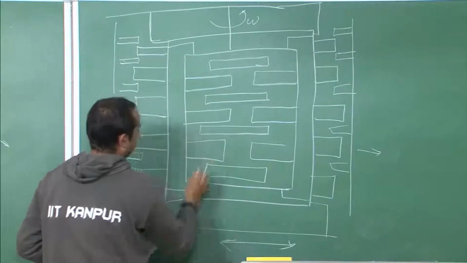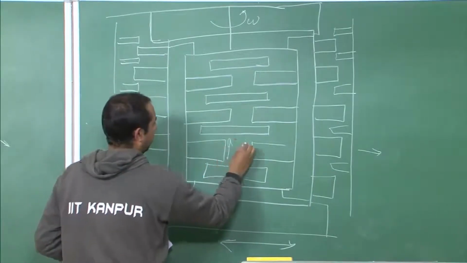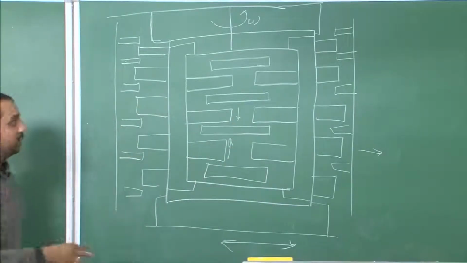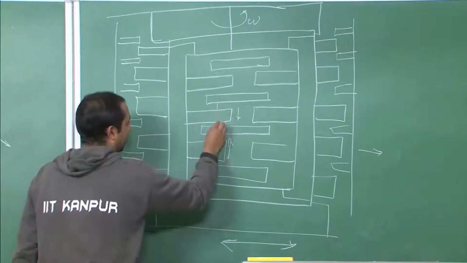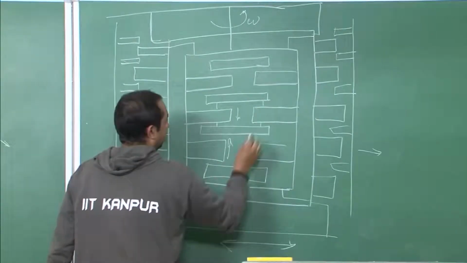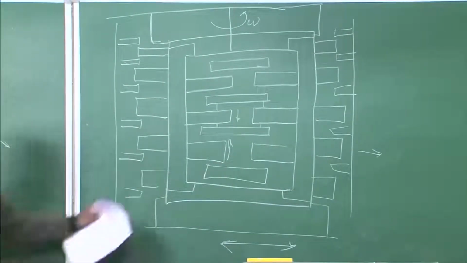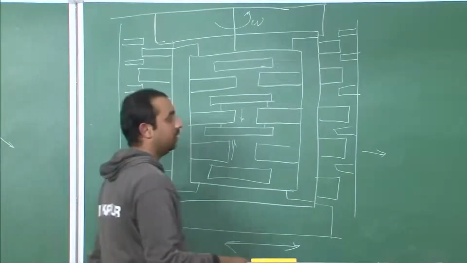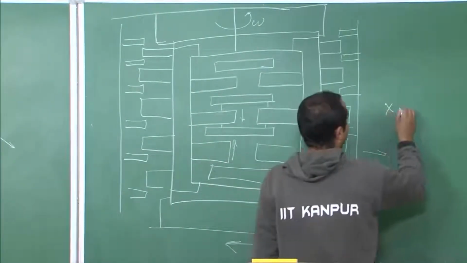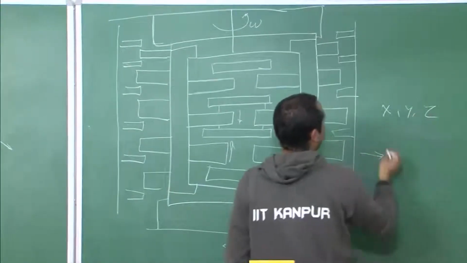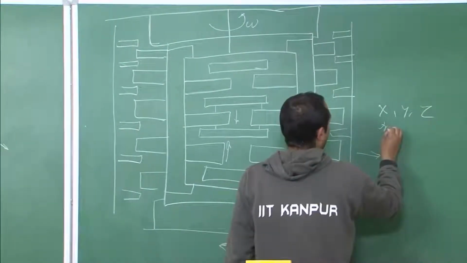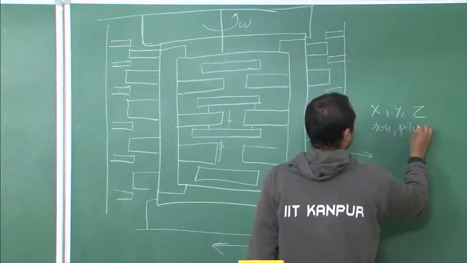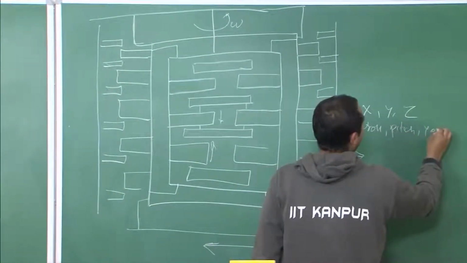These are fixed plates, as you know, so this will be oscillating in this particular direction. This will result in change of capacitance between these plates, and as I already told, due to change of capacitance you will get a respective voltage, and that you can calibrate to get the rates in X, Y, Z, that is roll, pitch and yaw rates.